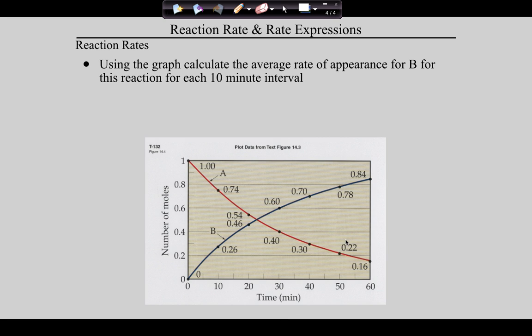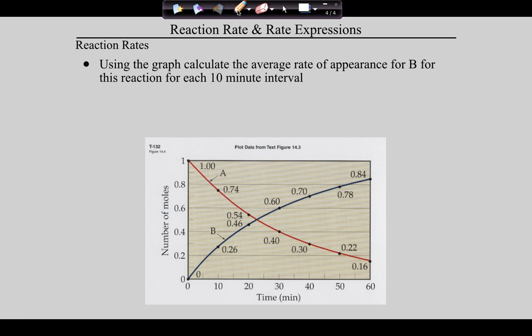Whichever row you're in, write down the equation: rate is equal to change in moles divided by change in time, and then do the math. Plug in the final and initial moles, plug in the final and initial time, and figure out the rate of this reaction for these time periods.